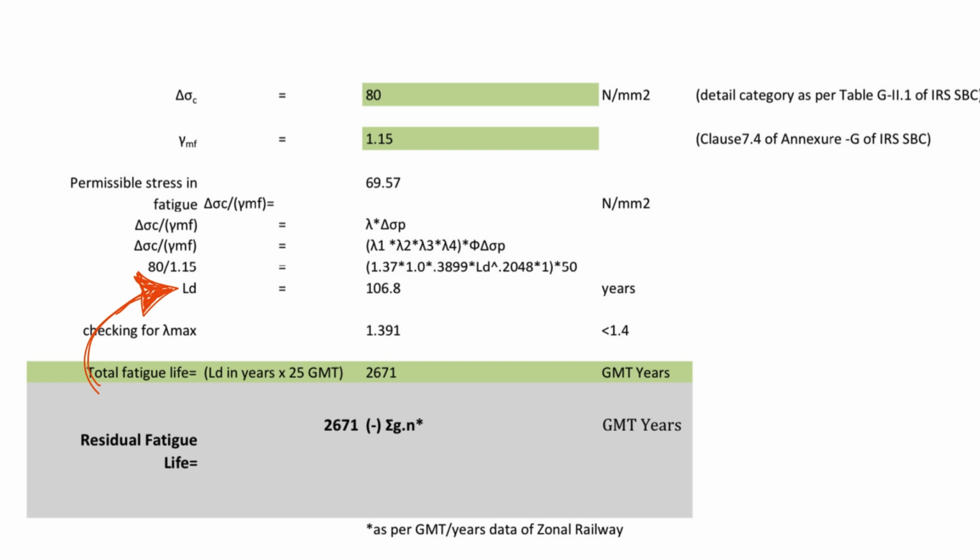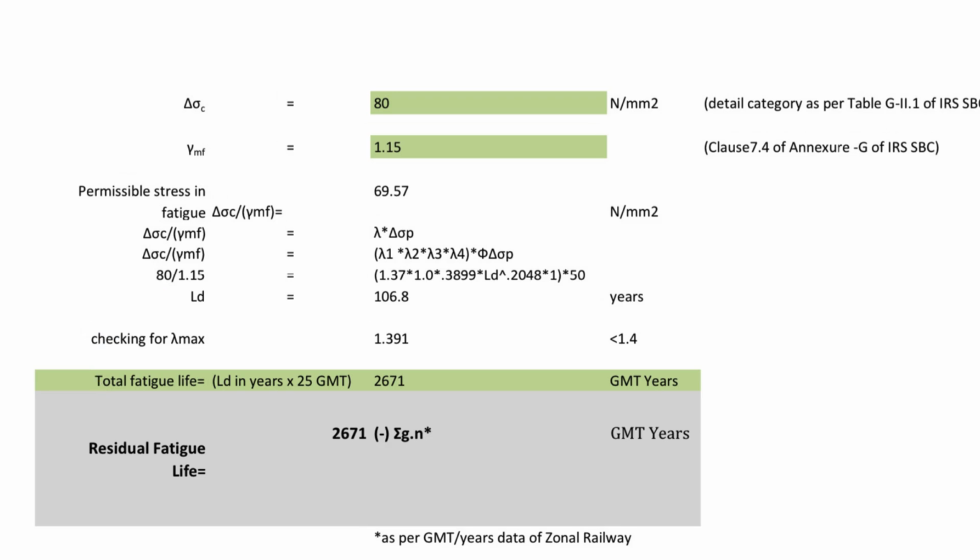It means that the bridge component fatigue life for 25 GMT is 106.8 years. It also means that the value of capital G is 25 and the value of capital N is 106.8 years. When we multiply these two, we get the life of the bridge in terms of GMT years, which comes out to be 2,671 GMT years.